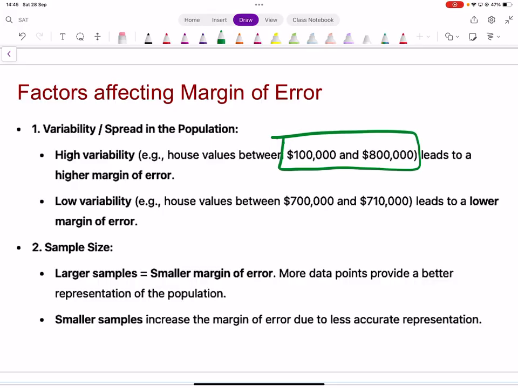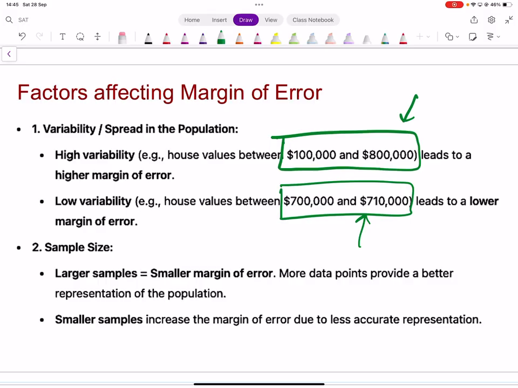As opposed to another sample that only had house values from 700,000 to 710,000. Now the first sample has much more variation and the second has much less variation. So the conclusion that you get from the first one is going to have a higher margin of error, and the conclusion that you get from the second one is going to have a low margin of error.